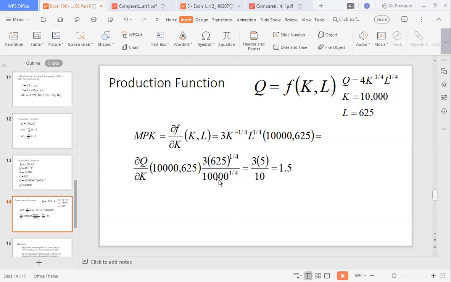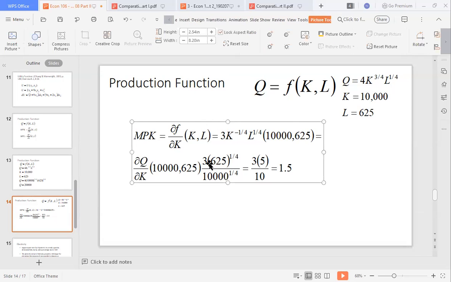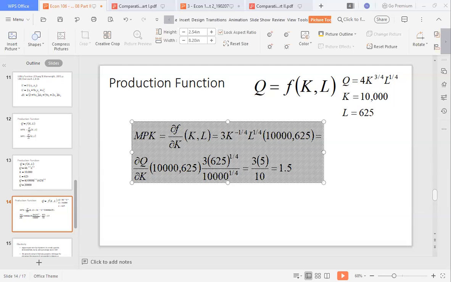We can bring this one to the denominator, and that's why we have 3 times L/4. Let me complete this one first so you know what I'm talking about. So that's 3 times L/4, and then we have K raised to the power of 1/4. So this is what happened.